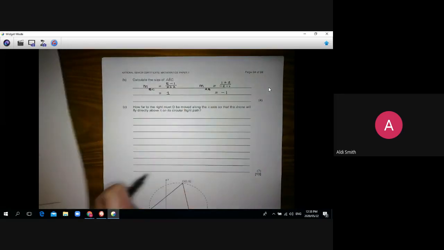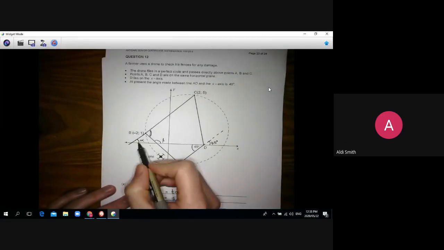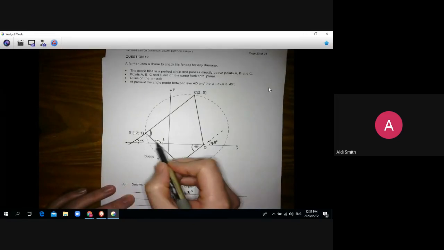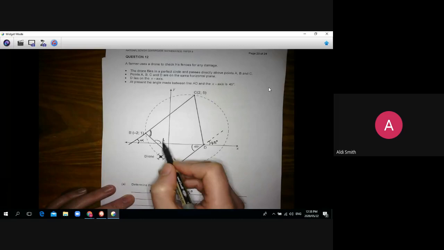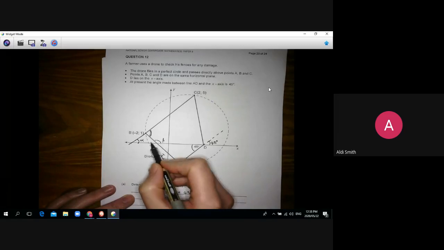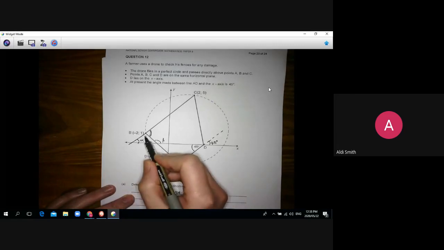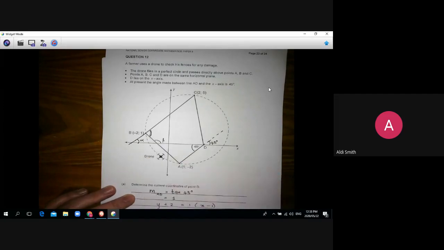So that's actually quite easy, because the moment the gradient is 1, we know this is going to have an angle of 45 degrees, and we know this is going to have an angle of 135 degrees, so this is actually going to be very easy. This is 135, so this is 45, this is 45, which means this is 90, which means that's 90 as well.